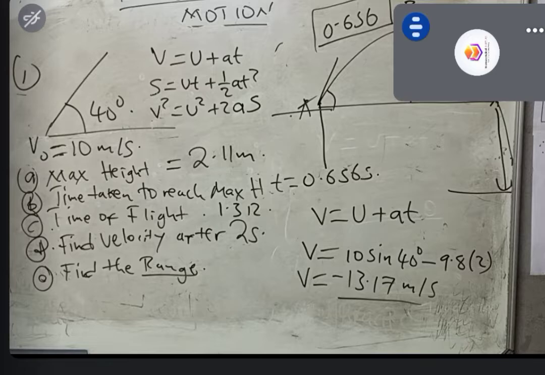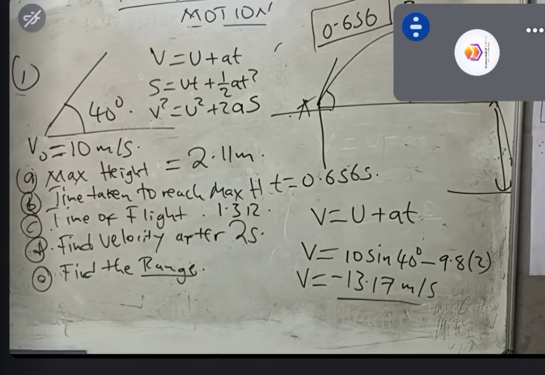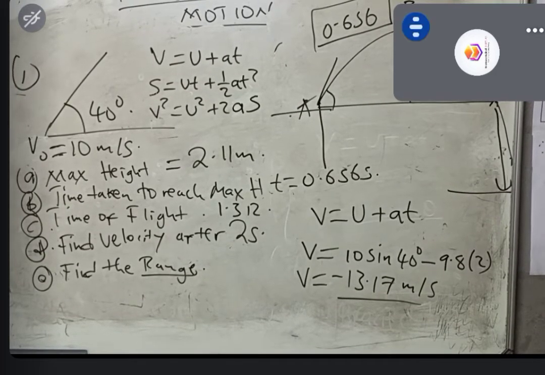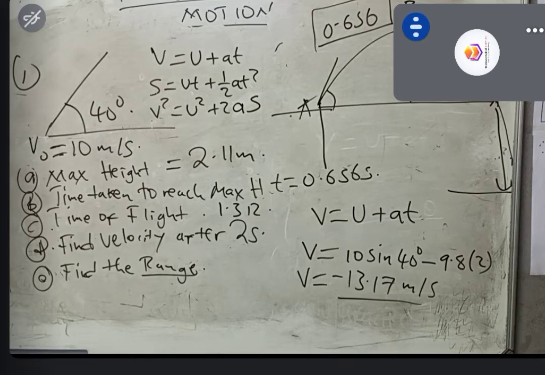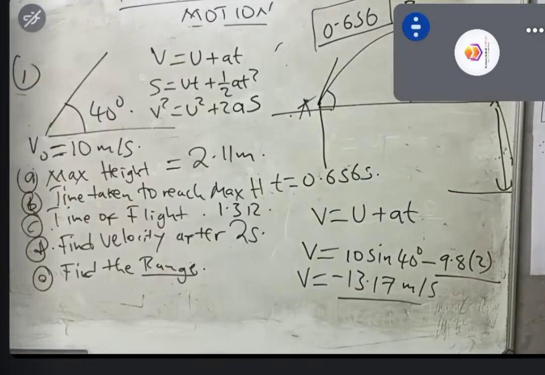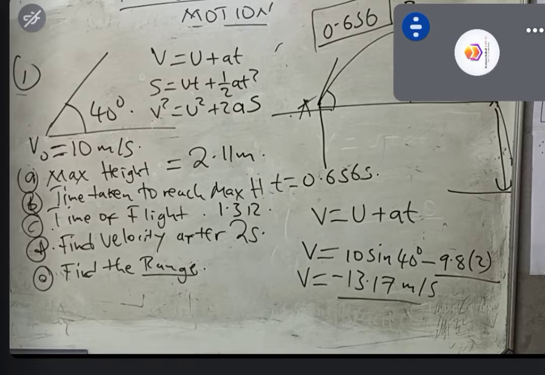When it's negative, it tells you that it is going in the opposite direction. Since you are throwing it up, then it's going down. That's what it means. When you find the answer to be positive, it tells you that this part is reducing the speed. I hope that makes sense.